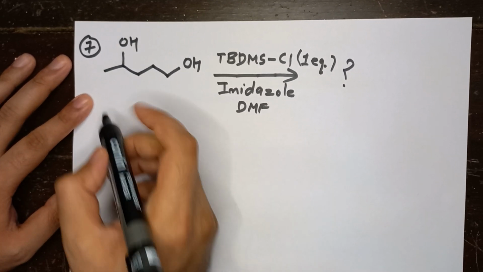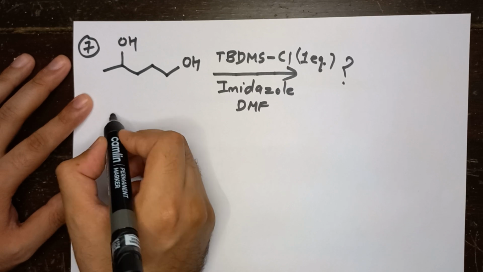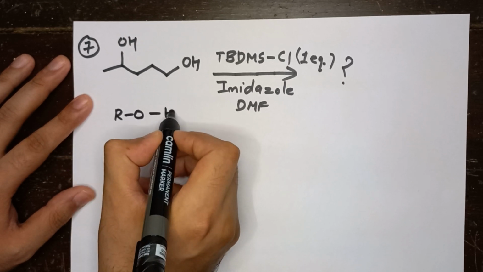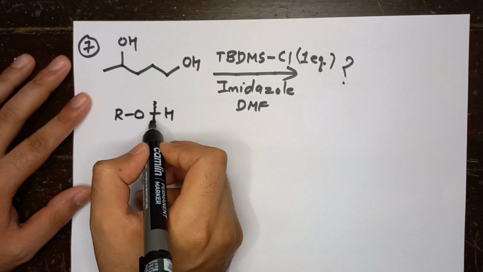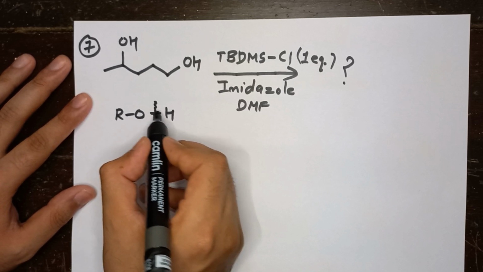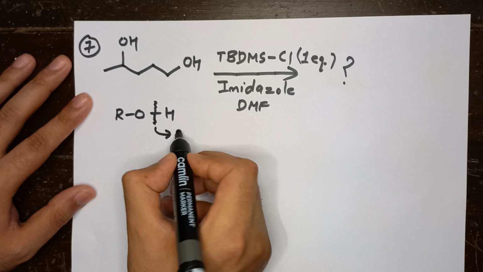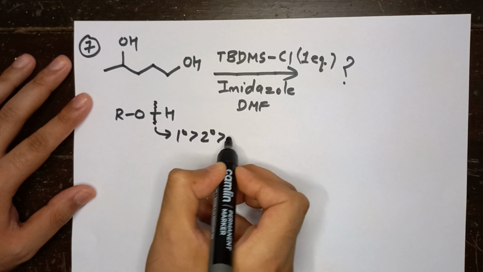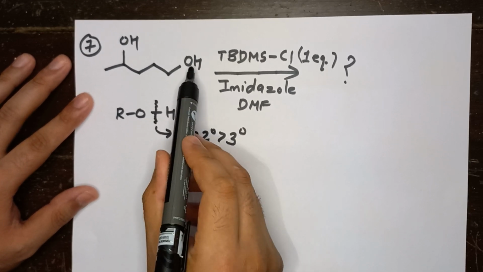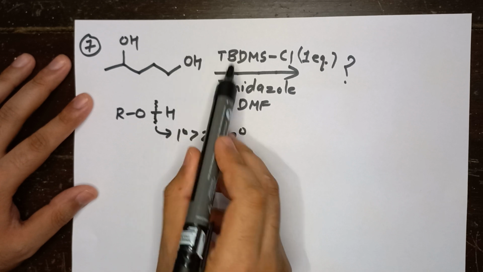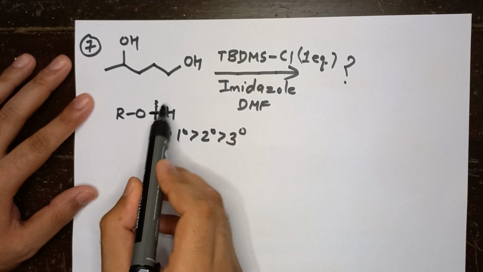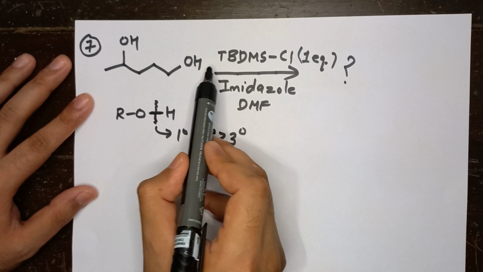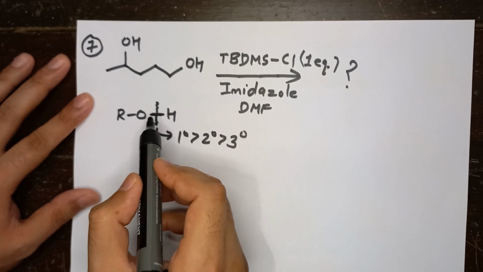Just to recall, I have discussed this in my previous video: when you are breaking this particular bond, the order of reactivity is 1 degree, then 2 degree, then 3 degree. When we are protecting any alcohol group with any functional group, we are simply breaking this bond. So we are converting OH into OR or OTBDMS.